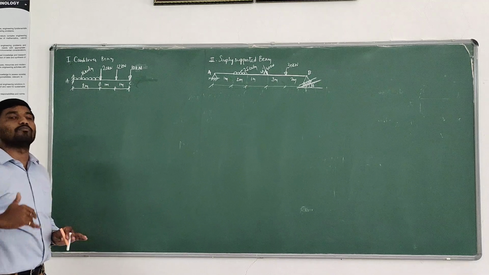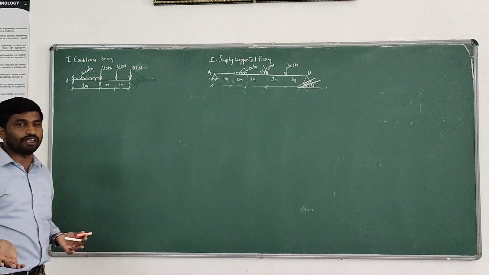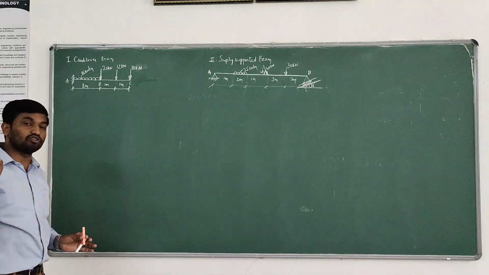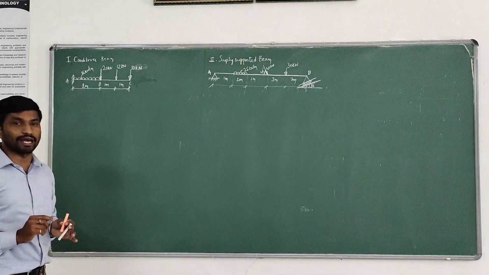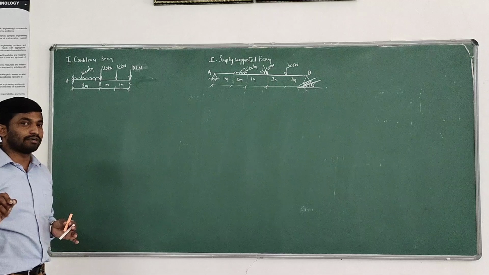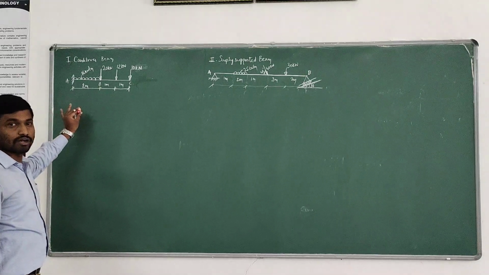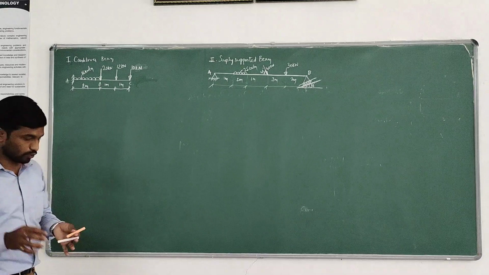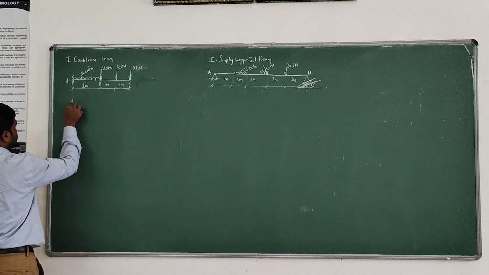In the second step, by using equations of statics, sigma Fx equals 0, sigma Fy equals 0 and sigma M equals 0, we are determining those unknown reactions. So in the first step, we have to write the free body diagram, indicate the reactions, and reduce all distributed loads into point loads.